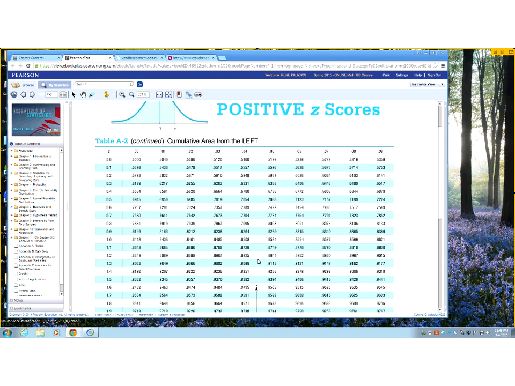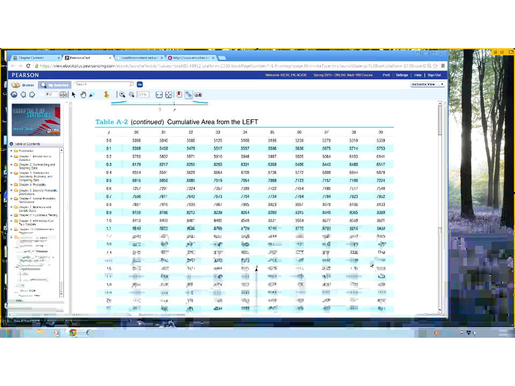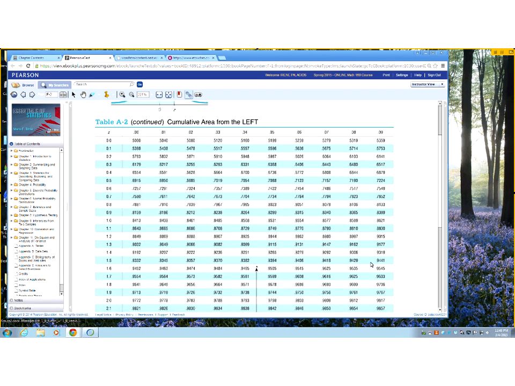All right, so I want you to look at that table, and tell me what corresponds to an area of 0.995. Again, the area that we're given is 0.995. So what z-score corresponds to that area?